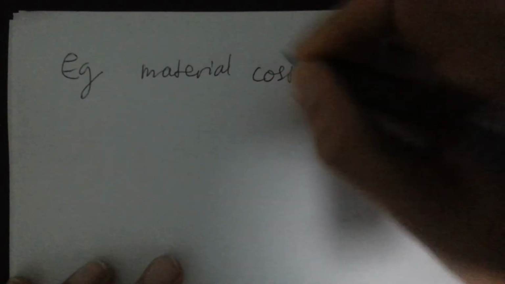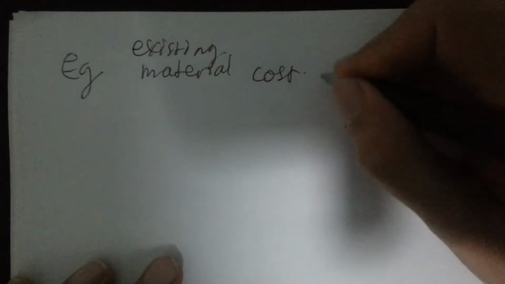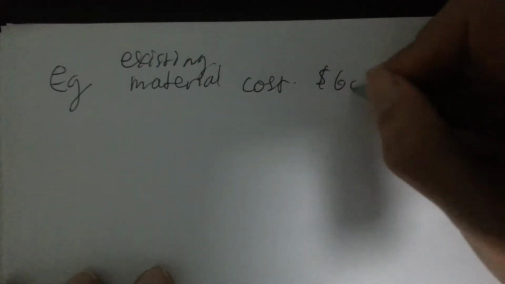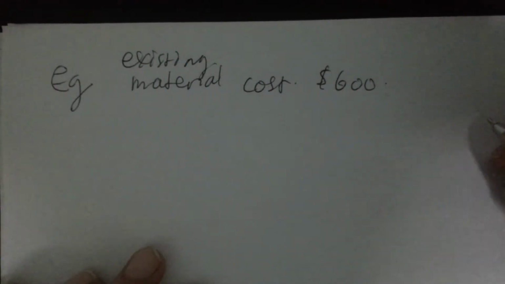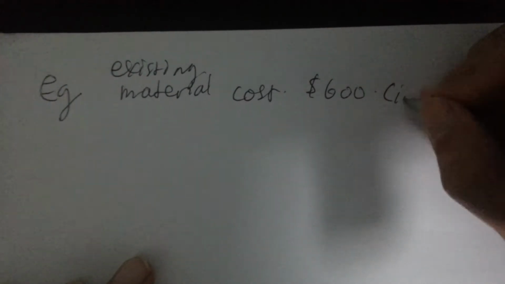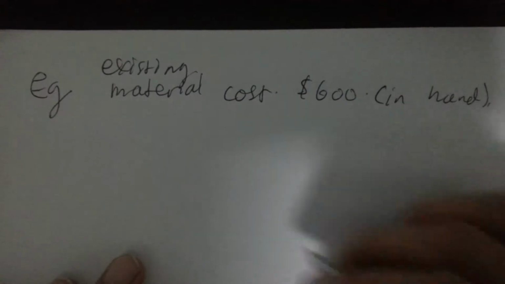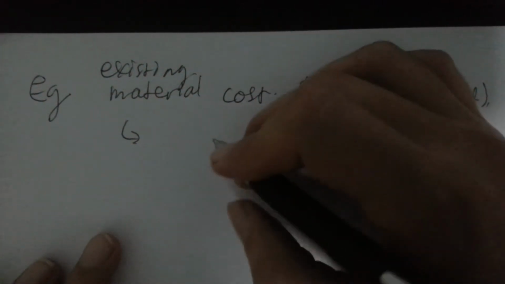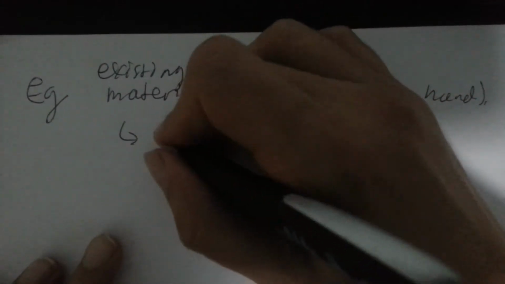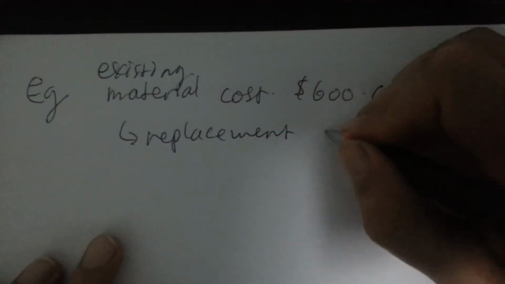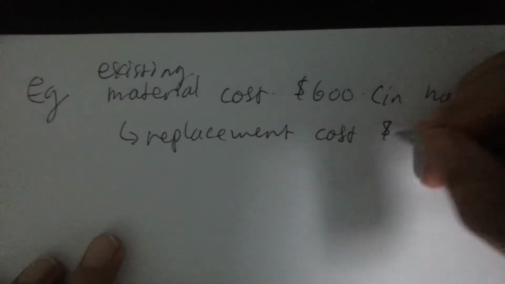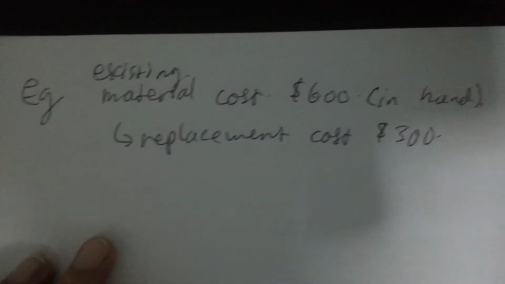Let's say you have some materials at hand, and this existing materials cost you 600 last time. Okay, and this is in hand. I must specifically highlight to you, these are materials in hand, $600. Okay, now, so right now, you found that these materials, to replace them, the replacement cost would be 300.